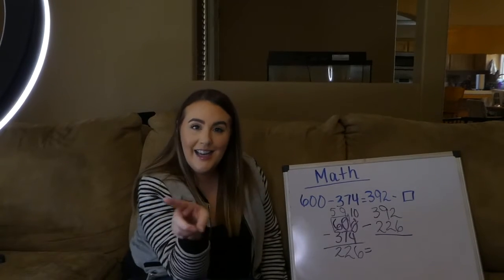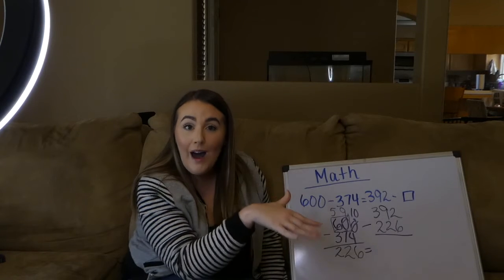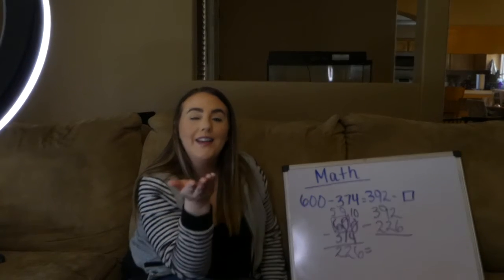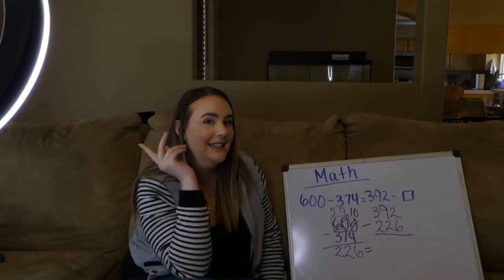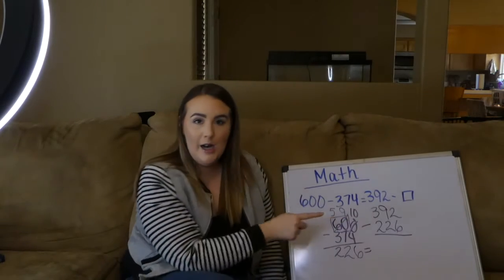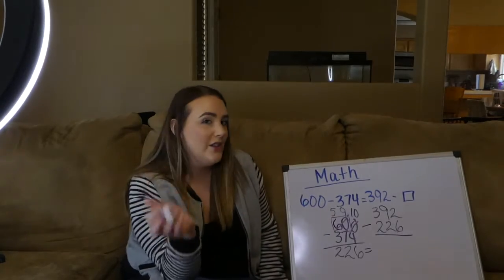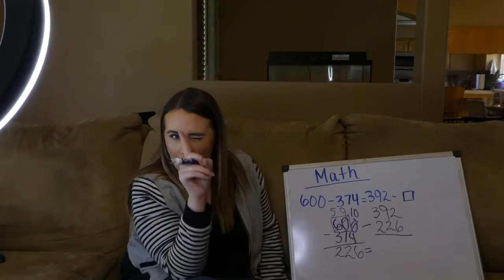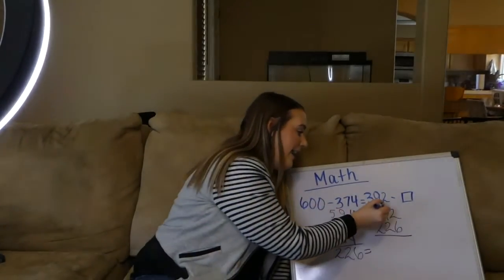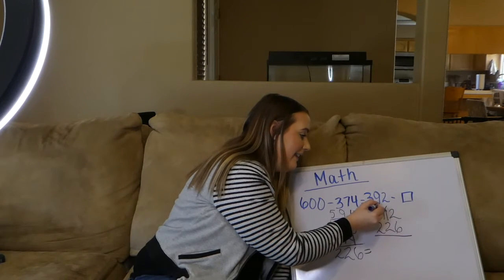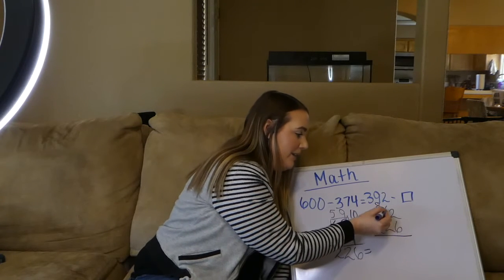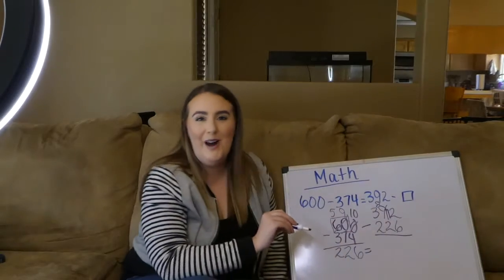This is not the time to use the box trick, because we only use the box trick with zeros up top. Remember that, and I don't want you to make that mistake. This is when we just go next door and borrow one more. So our 9 becomes an 8, and our 2 becomes a 12.